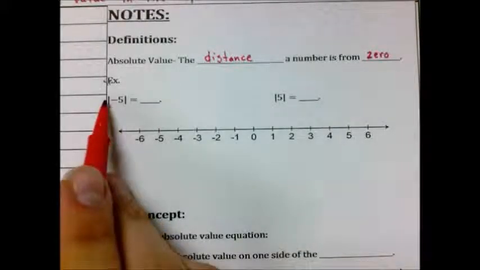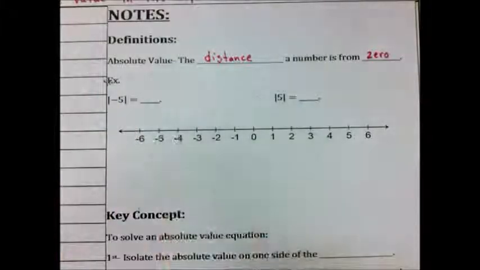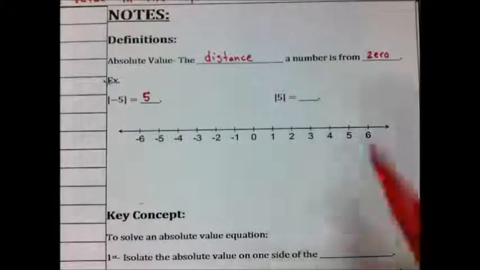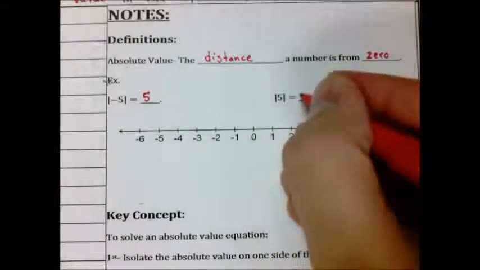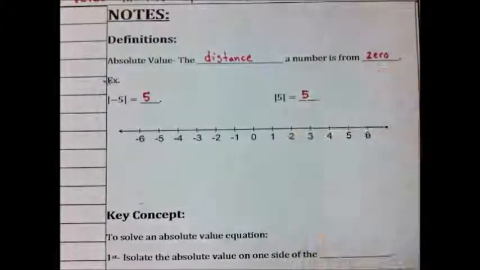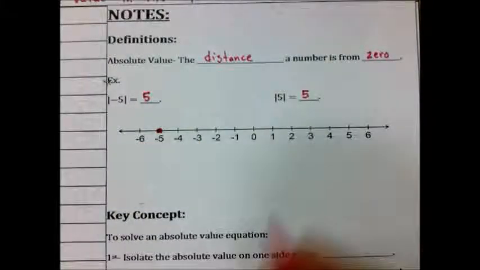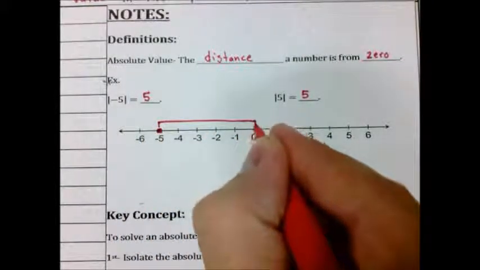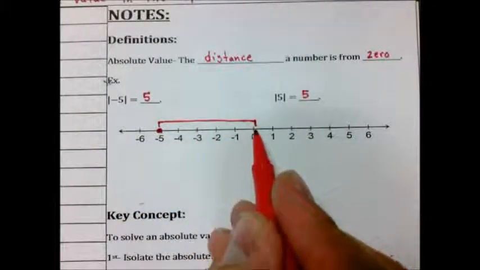So if we have the absolute value, that's what these bars are, of negative 5, that means the absolute value of that is a positive 5. We have the absolute value of a positive 5. The distance away from 0 is a positive 5 still. It's still going to stay positive. We can see that if we mark where negative 5 is on the number line, and mark how far away from 0 that is, that would be 1, 2, 3, 4, 5 places.